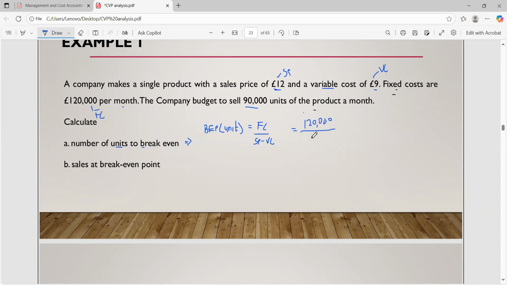So we have 12 minus 9, which is 3. So break even in units is going to be what? 40,000, if I'm not mistaken. Kindly confirm, please. 40,000.